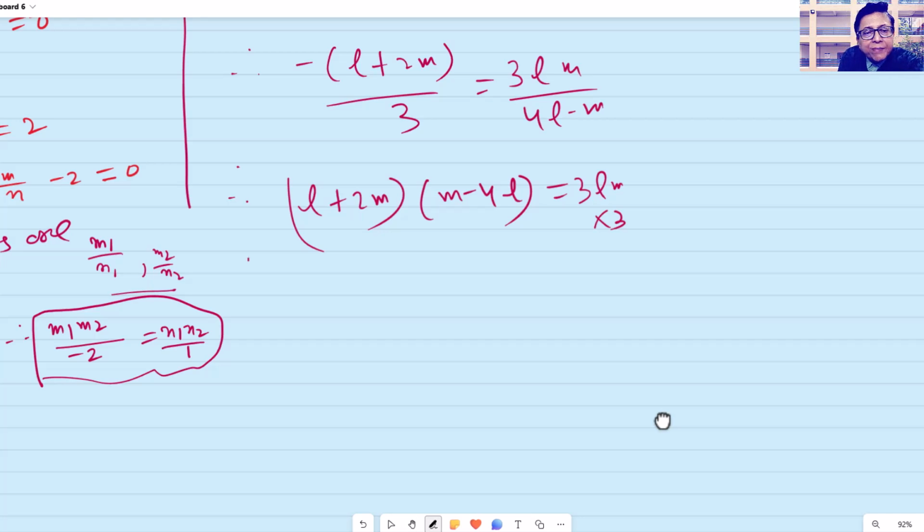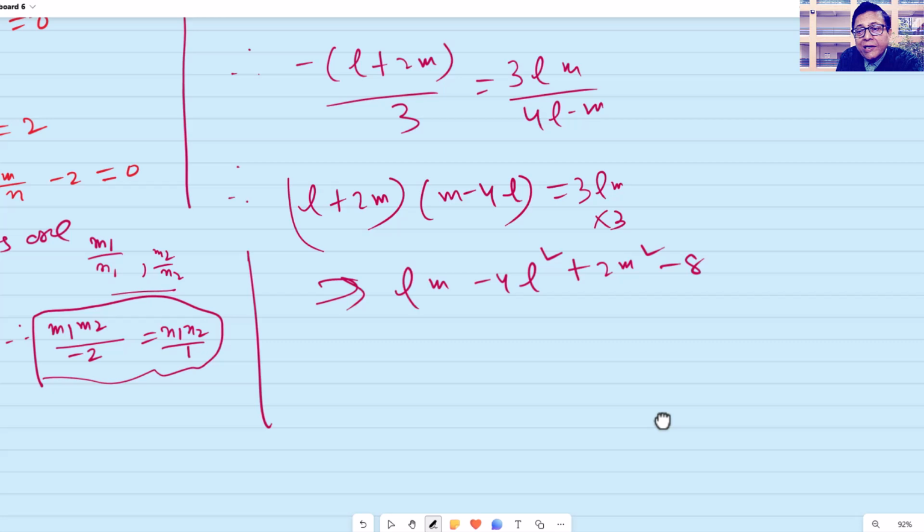So this will give us lm, 4l square, minus 8 lm equal to 9 lm. Clear?